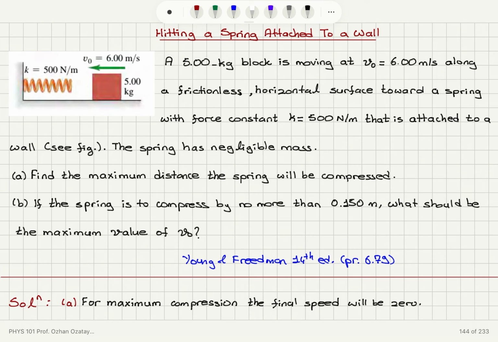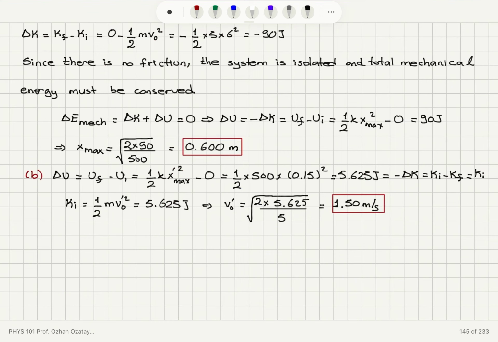And eventually, when we reach maximum compression, the spring is compressed all the way, the block will stop, and due to the effect of the spring restoring force, it will start accelerating in the opposite direction. So at the point of maximum compression, the final speed will be 0. The change in kinetic energy plus change in potential energy, which is the change in mechanical energy, is 0.